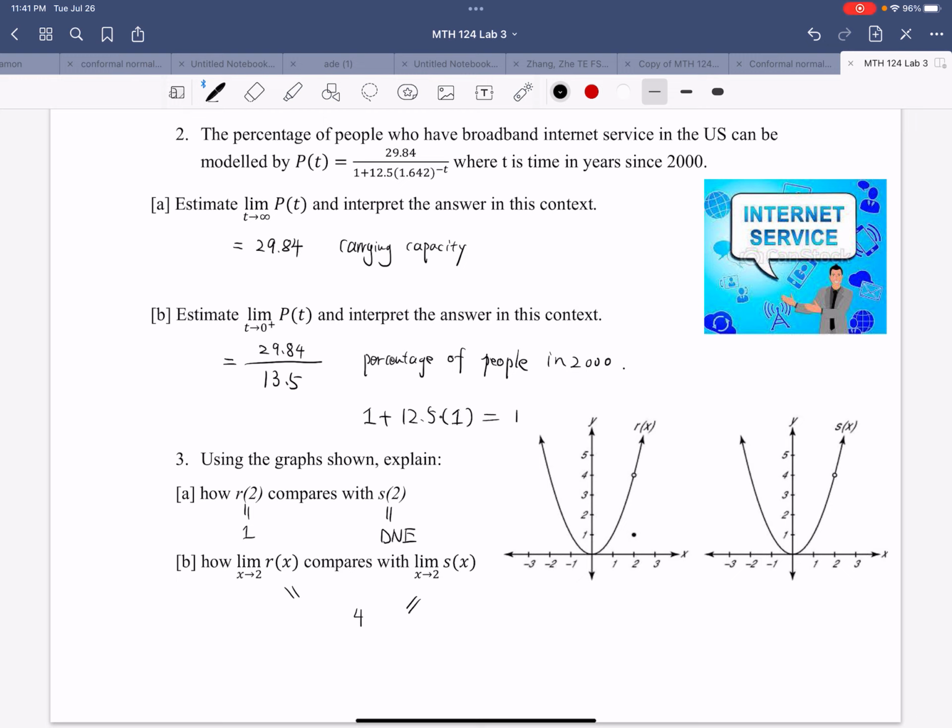So in total this is 13.5. That's the denominator, and the numerator is this constant. So this gives us a number, and this number is the percentage of people who have this service in the beginning of 2000, right?